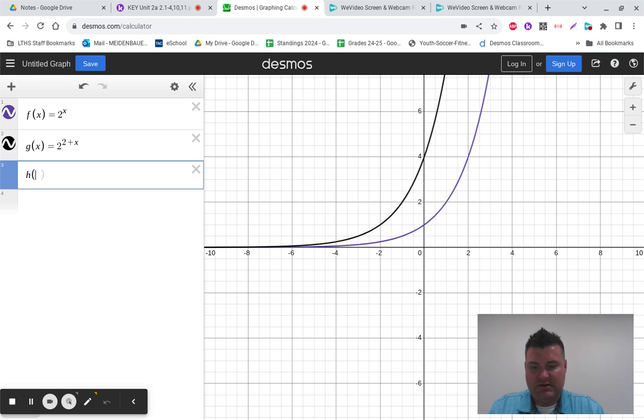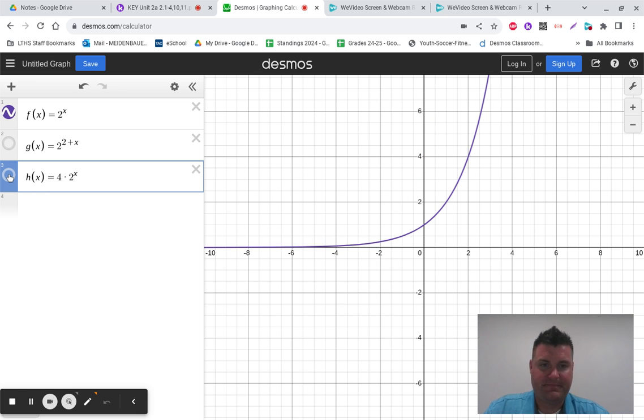Now, h of x here is going to be represented by 4 times 2 to the x. If you notice, I'm going to actually undo the red one there. If you notice, it overlaps the black one right there. So I'm going to get rid of everything right here.